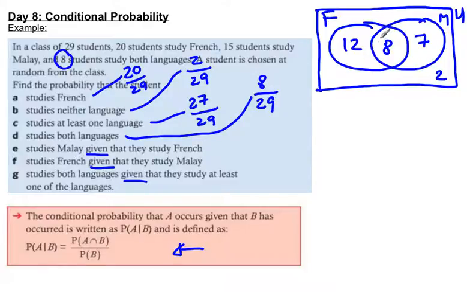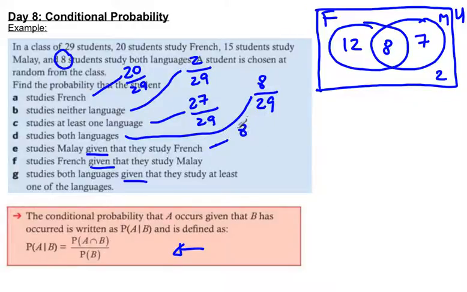So if you look at it on the diagram, you're given the information that they definitely study French. So they definitely are not these people. These people are out of the equation because they don't study French. So given that the student studies French, what's the probability that they also study Malay? And that's these 8 students. These are the only ones out of those 20 that study Malay.